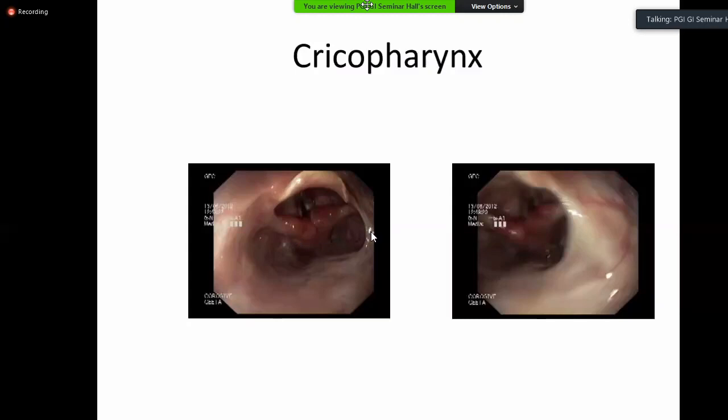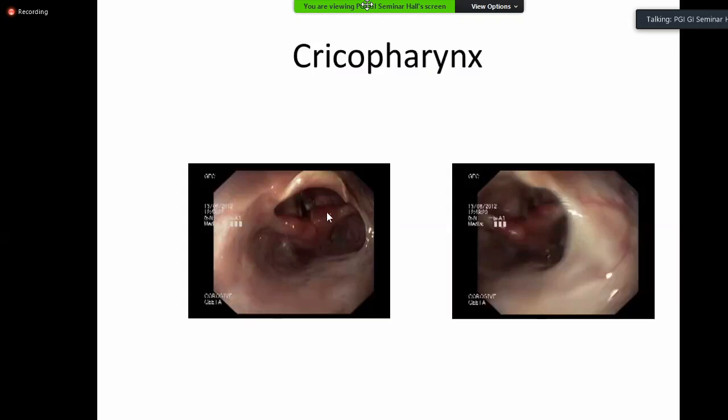This is classical for corrosives, but the point is that you look at the vocal cords. In patients with carcinoma esophagus, one of the vocal cords may be paralyzed because of involvement of the recurrent laryngeal nerve. So you don't simply pass the scope beyond the cricopharynx. Spend half a minute in the cricopharynx, see all the parts, whether they are edematous or nodular.